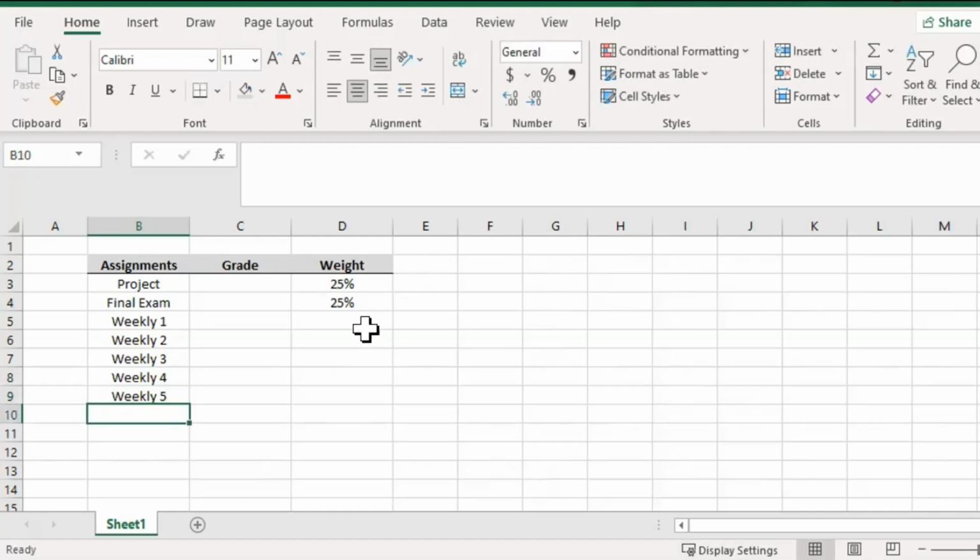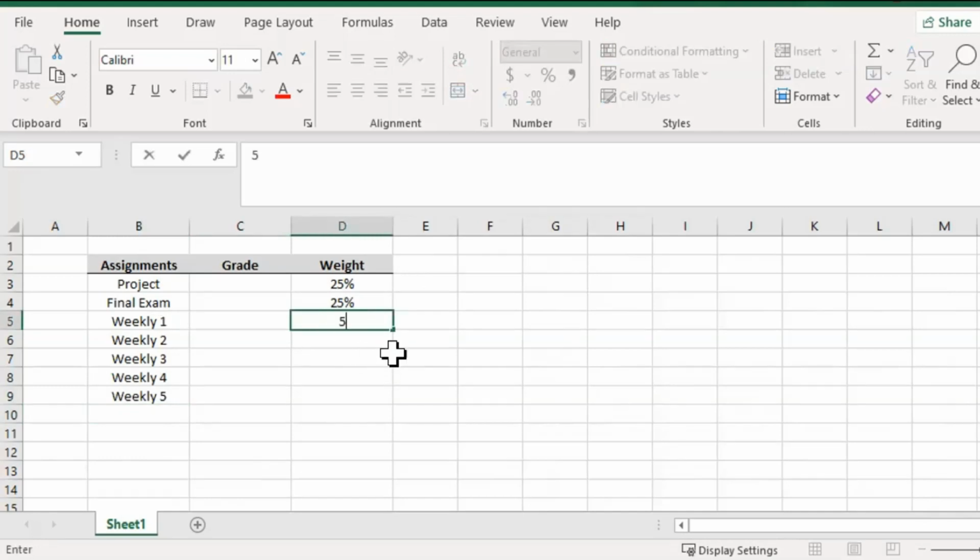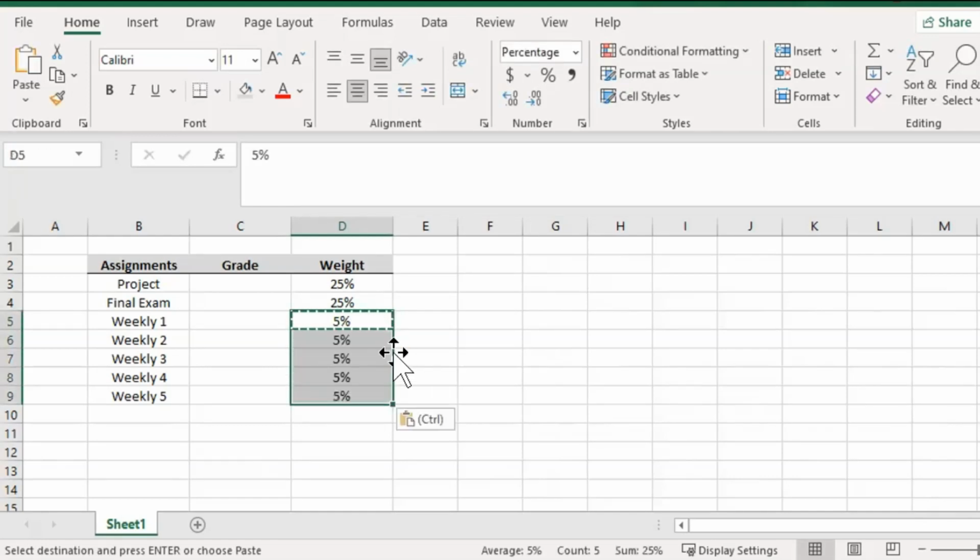Okay. And so the weight for each of these weekly assignments, let's say, is 5%. And so over these 5 weeks, we will have another quarter of our grade, the sum of each of these 5 weekly assignments. And then last but not least, we have 25% of our grade left.